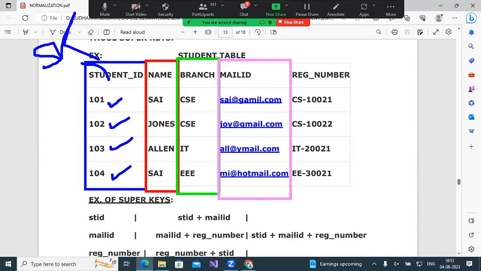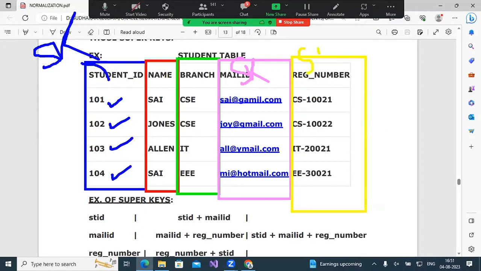No, never. Among crores of people, every user ID is different. So this is a super key. Next, registration number. Every student's registration number is different, definitely. So here also it is a super key.